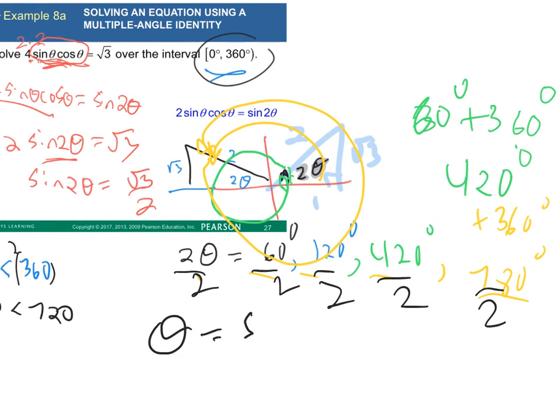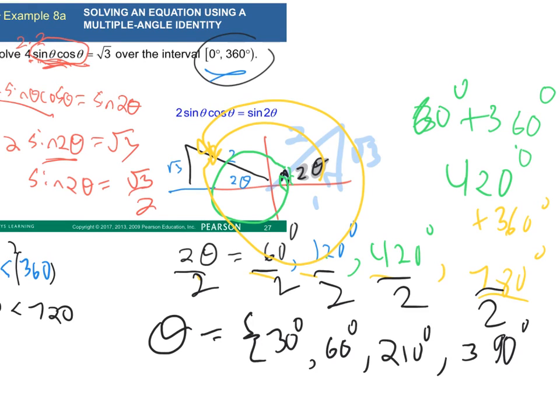Theta solution set will be 30, 60, 210, and I don't know what 780 divided by 2 is. I have to do the math again. I've got to pick up my calculator and see. Did I do my math wrong? This was 120. Oh, plus, what am I adding to that for?